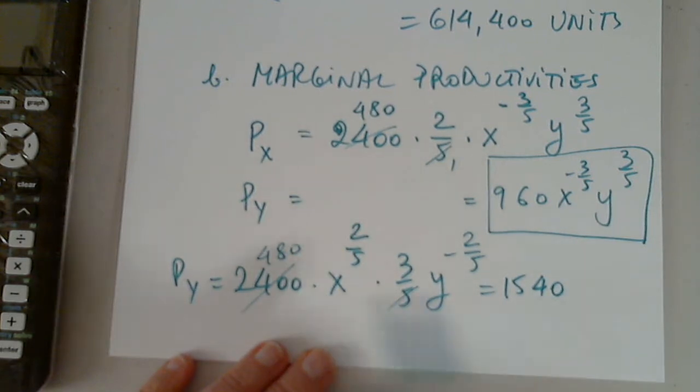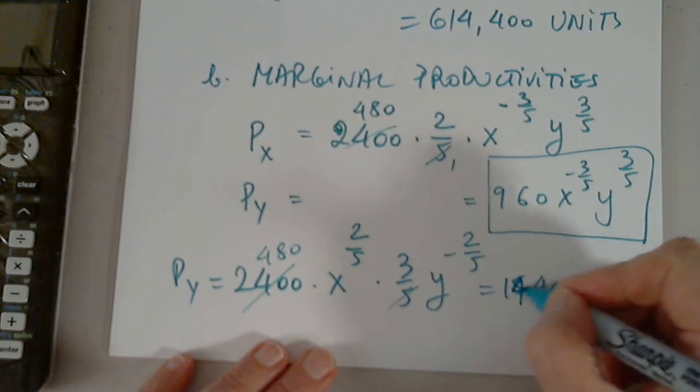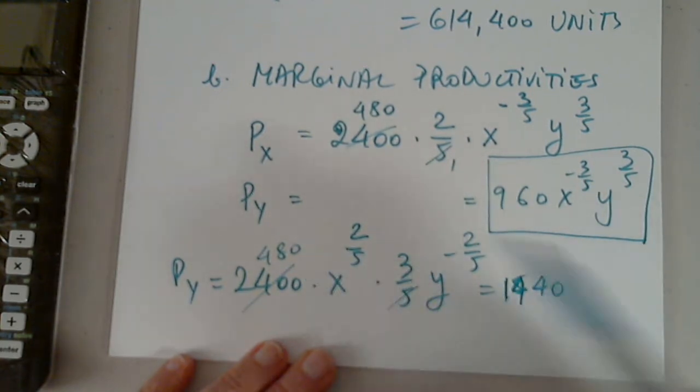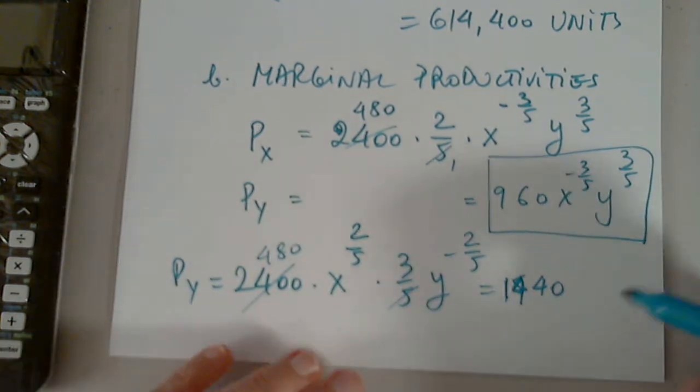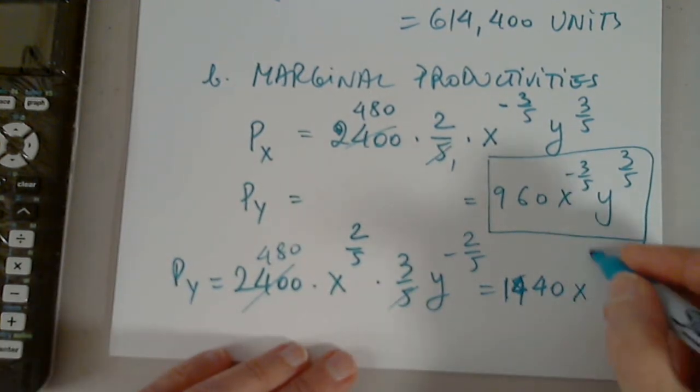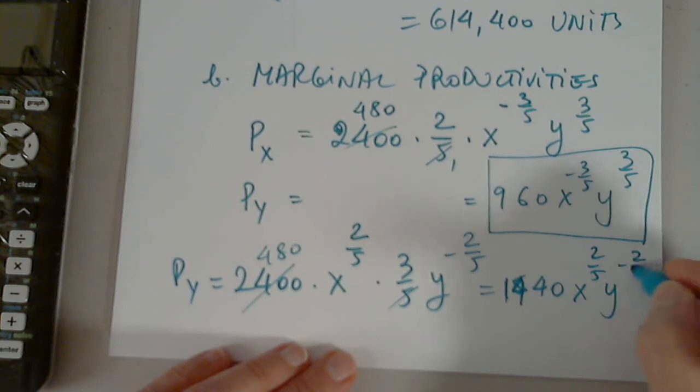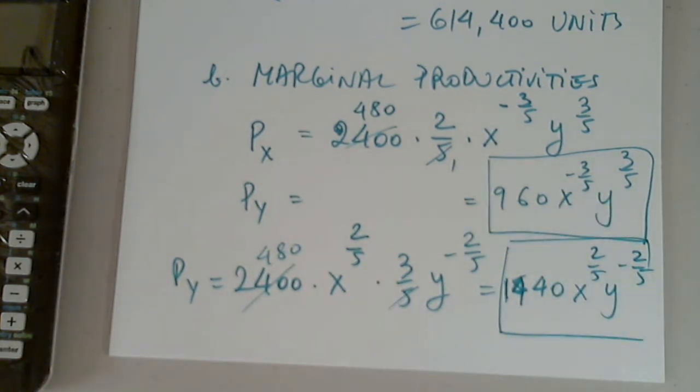Am I correct? 4 and 2, 12, 4, right? 2 and 4, 4 and 2, and 12, 12. Very good. So X to 2/5 and Y to negative 2/5. So we determine the marginal productivities.